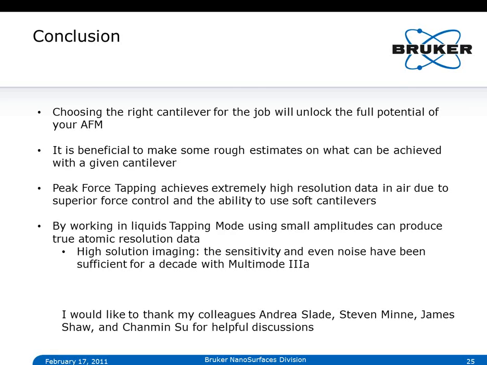Each time you scan over a piece of dirt, it will stick to your tip and completely mess up not only your tip but also your measurements. So one piece of advice: try to keep your samples clean if you can. Try to avoid loose stuff on your samples. That will inevitably kill you. Your tip will pick these loose particles up. There's just nothing you can do about it.